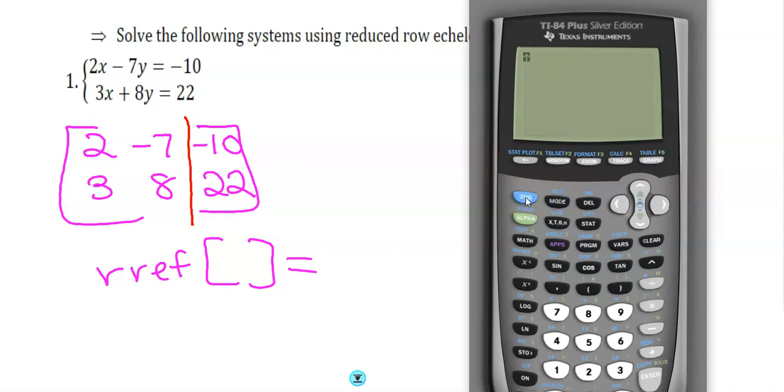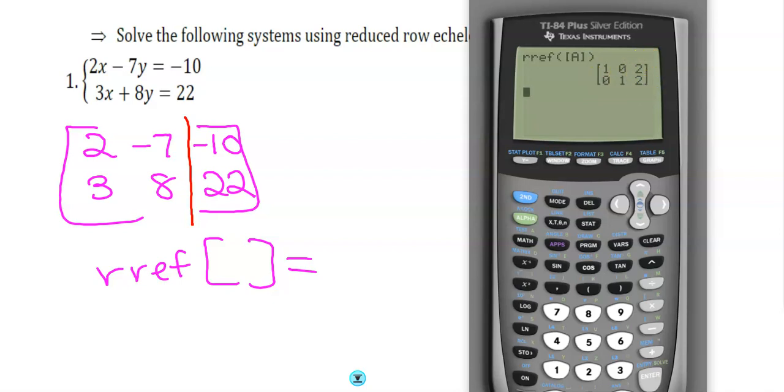Now I'm going to go back in. So second matrix, go over to math, and go down to RF. Then second matrix, I'm going to type in A. I want to find RF. What you notice is that pattern of the 1, 0, 2, and then 0, 1, 2.